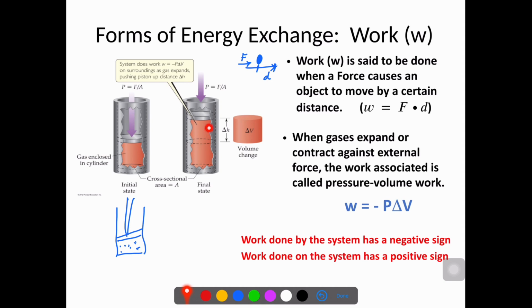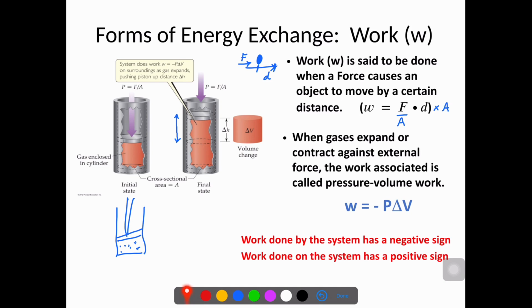Now, when gases are expanding, we have to change the formula slightly. Let's say this gas is expanding, so this time the gas is moving the piston up by a distance d. Here d is nothing but the height by which the piston got displaced. Notice what happens to this formula if we multiply by area and divide by area on the right hand side.